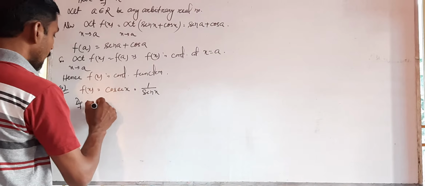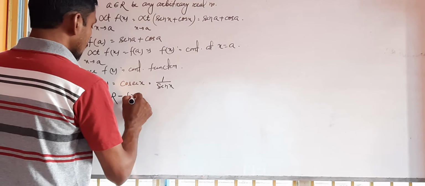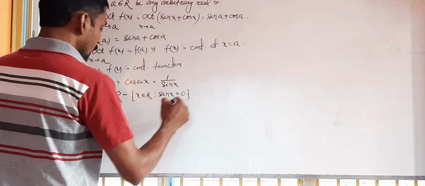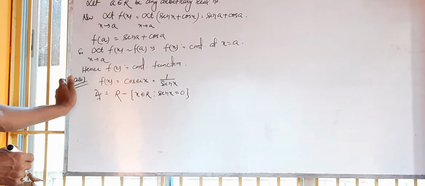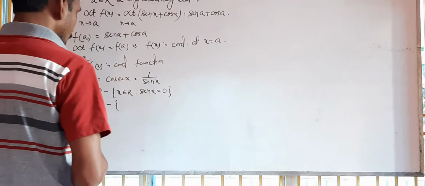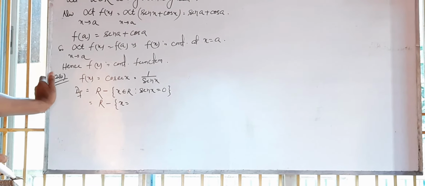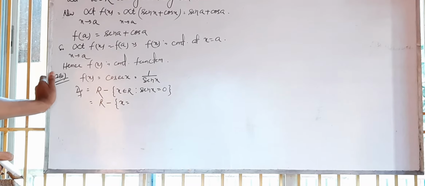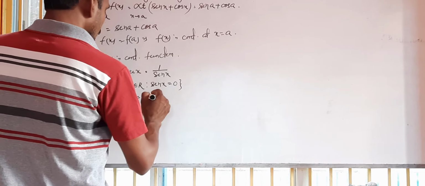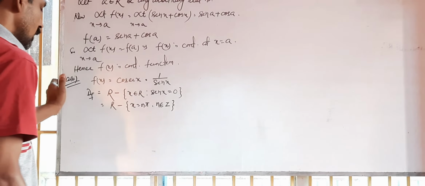So here you can write the domain of f is the set of all real numbers minus x belongs to R such that sin x is equal to 0. For which values of x is sin x 0? It is multiples of pi: 0, pi, 2 pi. So x equal to n pi, and here n belongs to Z, the set of integers. So this is the domain.